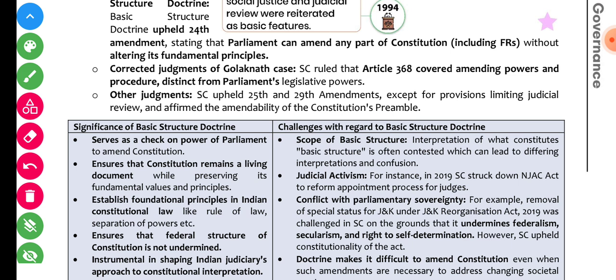The Supreme Court ruled that Article 368 covered amending powers and procedure distinct from Parliament's legislative powers, because Article 13 mentioned judicial review, and if any amendment under Article 368 violated the law given under Article 13, it shall be void, and the Supreme Court can declare these rules null and void.